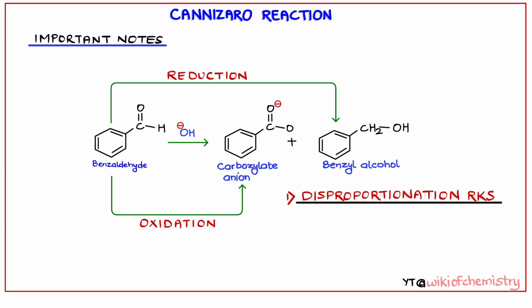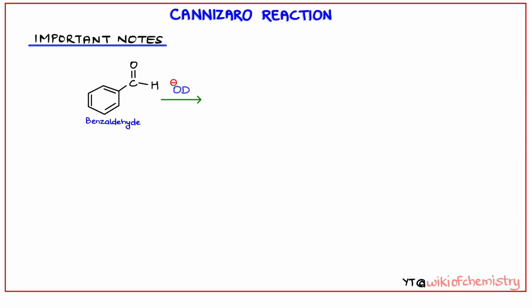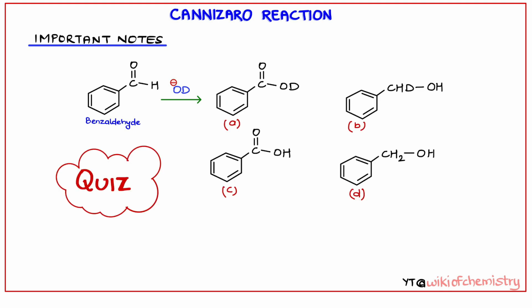Next important point is that what happens if we carry out the reaction in presence of OD minus instead of OH minus. So here is a quiz for you to solve. Please carry out the entire mechanism step by step by using OD minus instead of OH minus and figure out which combination of given products we will obtain in this case.